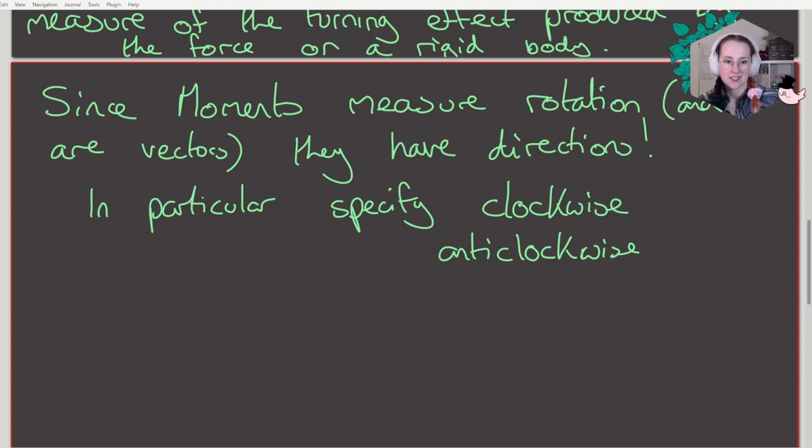What direction does a vector point if it denotes rotation? The direction change time is the direction. I'm being very hand wavy when I say it's a vector here, but essentially a moment has a size and a direction.